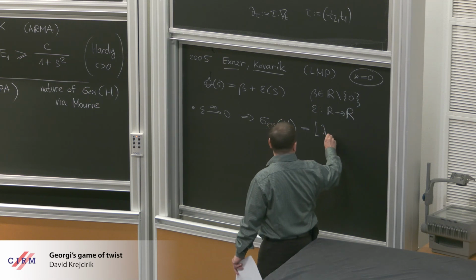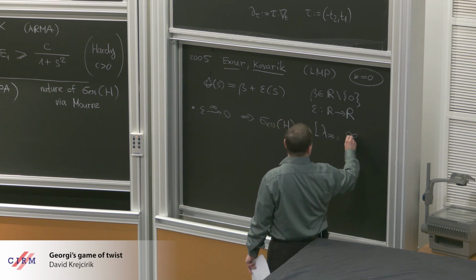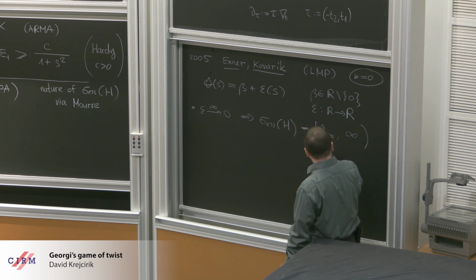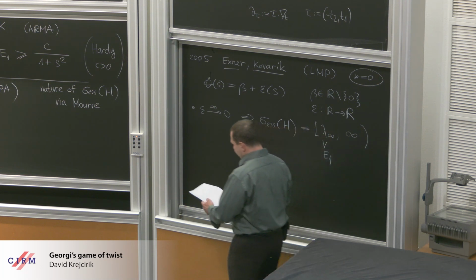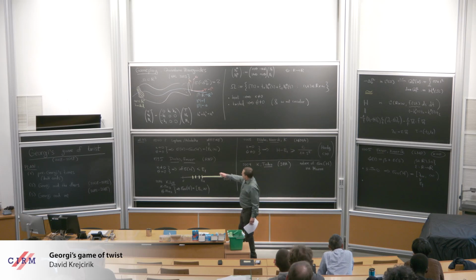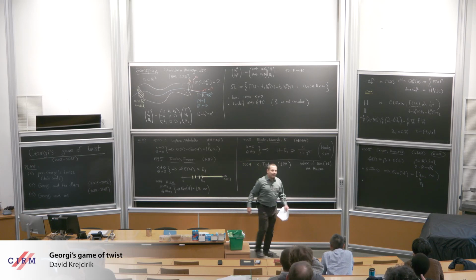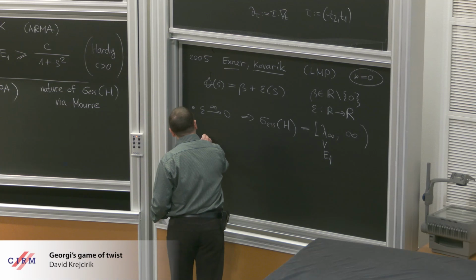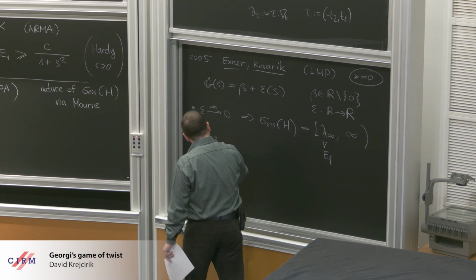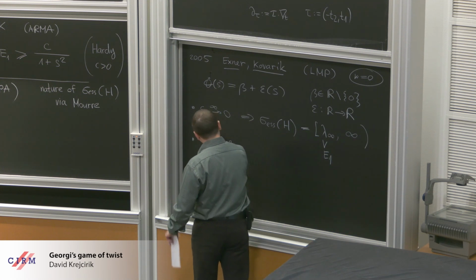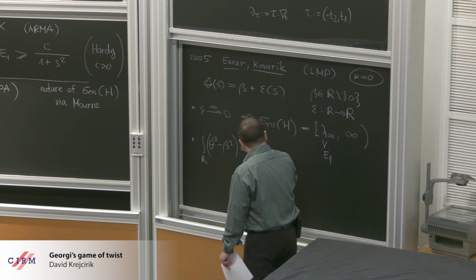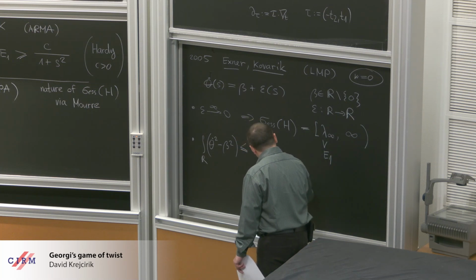I will denote it lambda infinity. This is strictly greater than E1. And as a second result, they have a sufficient condition that if theta dot squared minus beta squared is negative, then you get some discrete eigenvalues.